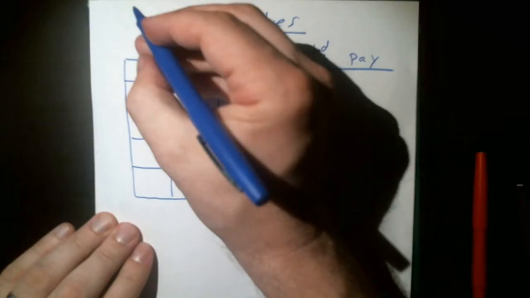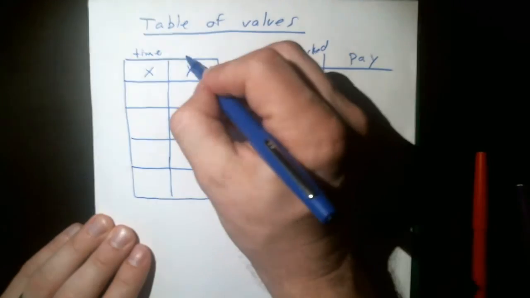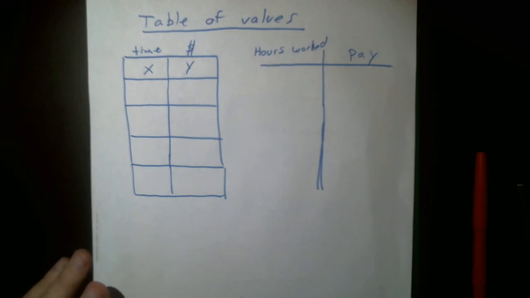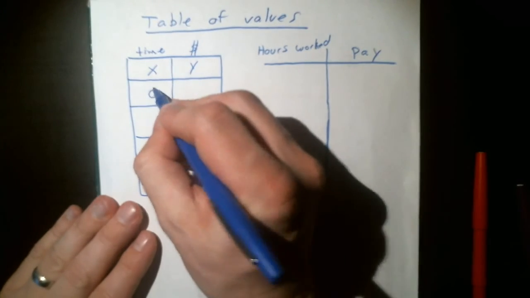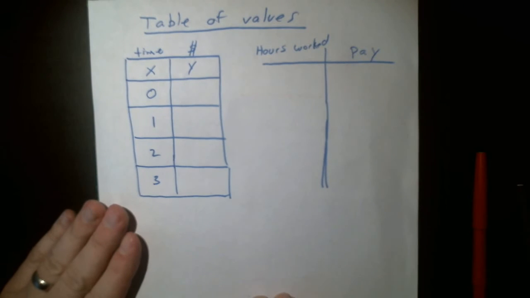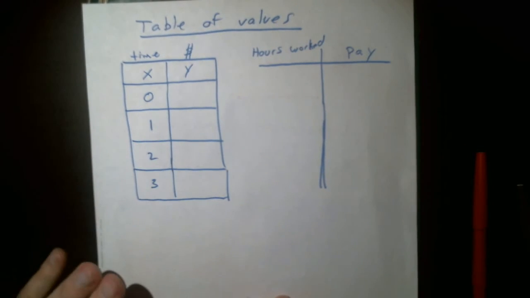That's our hours, so I'm going to put time for that one, and then I'm going to put money for that column. Okay? So here's what I want you to do. Put 0, 1, 2, and 3.